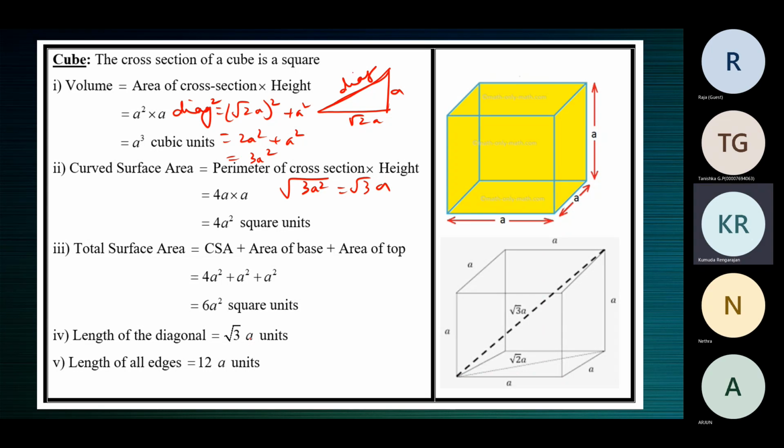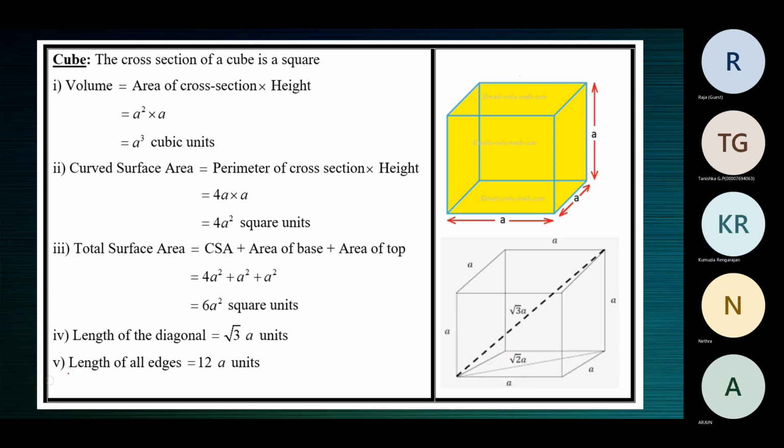By using Pythagoras theorem. And how is this root 2a? Because this is a square. The bottom is a square, and the length of the diagonal of a square is given by the formula root 2a.